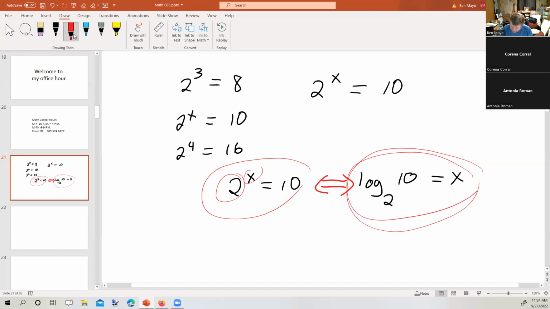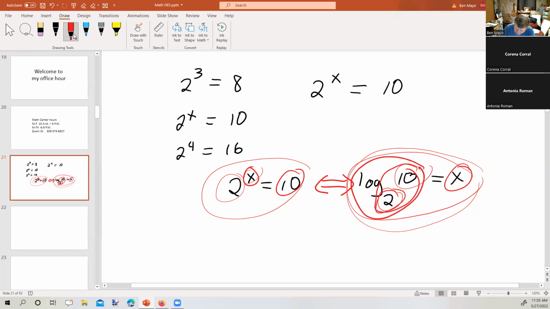On the right side, the way we say it is log base 2 of 10. So on the right side, the logarithmic equation, the 2 is also called the base. Notice on the left side, we've got x connected with the 2 and 10 off by itself. On the right side, 10 is somehow connected to the 2 and the x is off by itself.